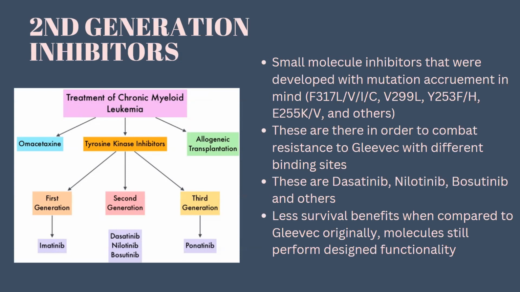But when you get to the stage of the second generation inhibitors, it's just very much too far gone. You are actively inhibiting the functionality of BCR-ABL, but at that stage, there are many other mutations that cannot be taken care of. So, yeah, dasatinib, nilotinib, sunitinib, and there are less survival benefits when compared to Gleevec.